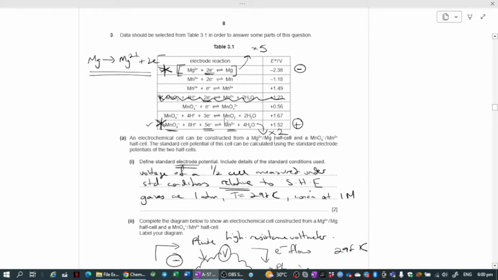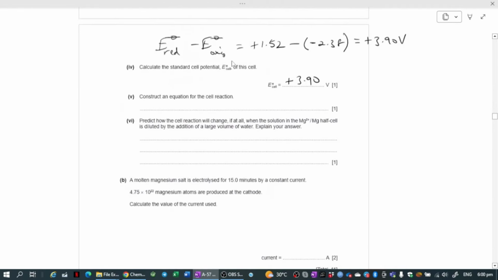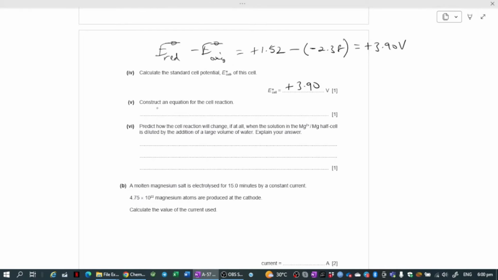So if we multiply the manganate cell by 2 and the magnesium cell by 5, we should end up with a balanced reaction that reads as 2MnO4- plus 16H+ plus 5Mg to give 2Mn2+ plus 5Mg2+ plus 8H2O.